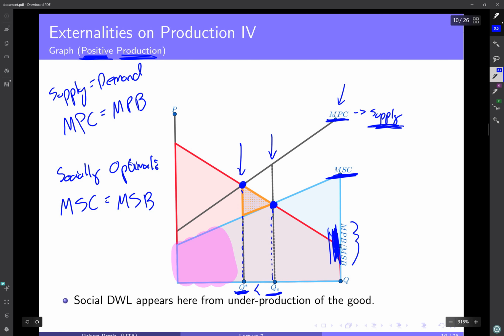So deadweight loss doesn't necessarily have to be some sort of negative surplus or something like that. It could be some potential surplus that we're missing out on, and that's the case here. We've got some social cost that is not being completely accounted for by social benefit.